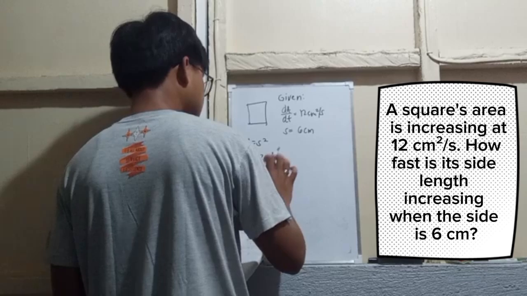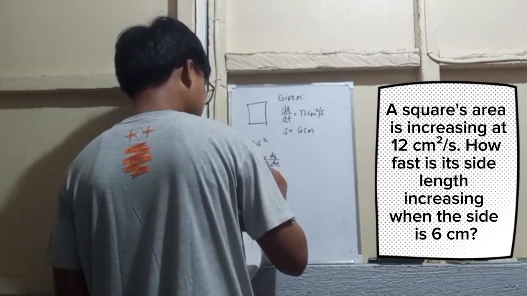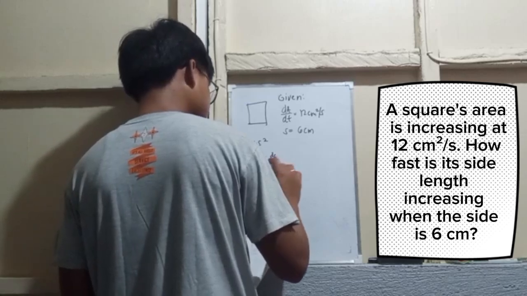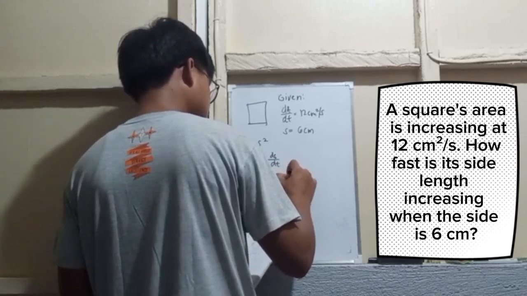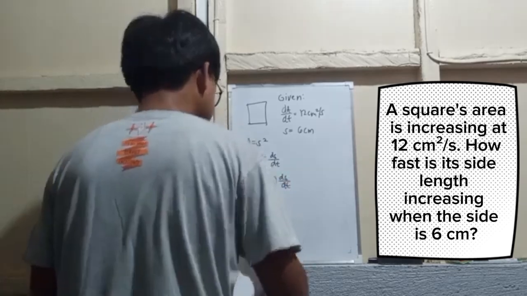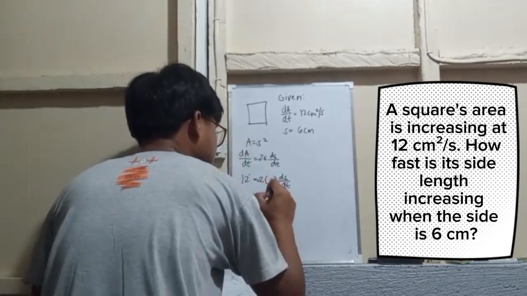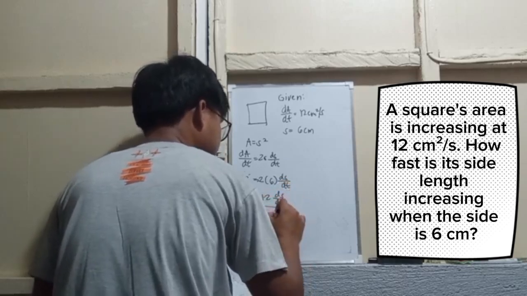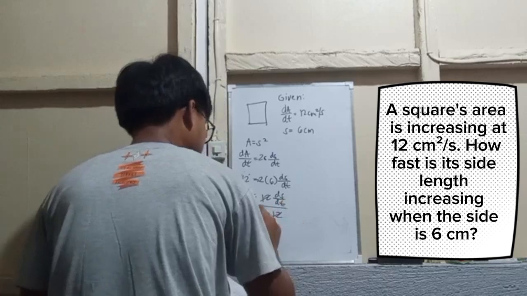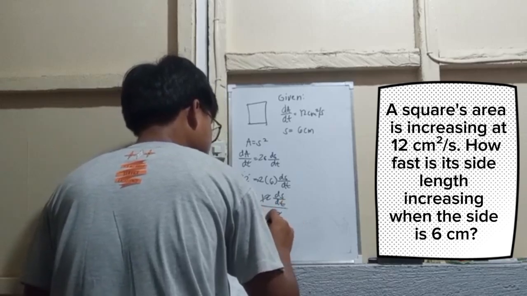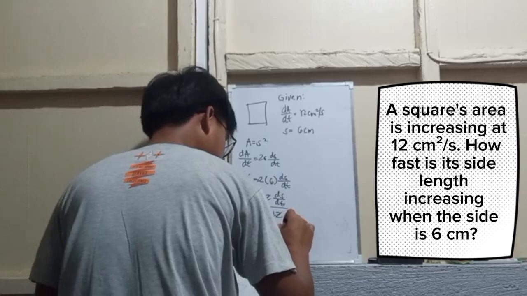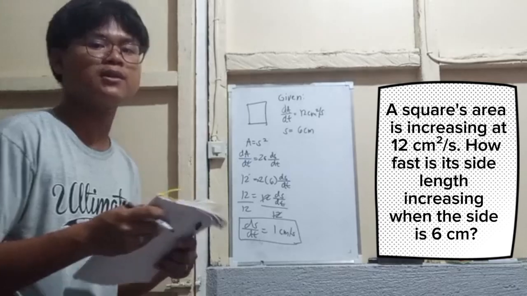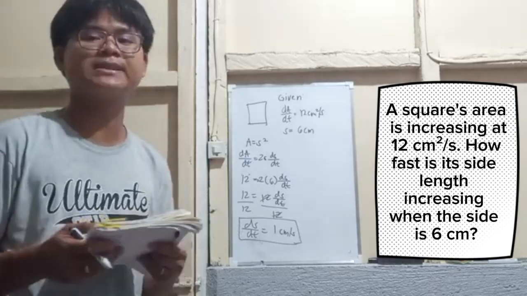So dA over dt is equal to 12, which equals 2 times s, with the value of 6, and our ds over dt. Now solve. 12 ds over dt. Divide both sides by 12. Cancel. Then we will get the value of ds over dt as 1 centimeter per second. So now we have the final answer of the rate of the side as 1 centimeter per second.